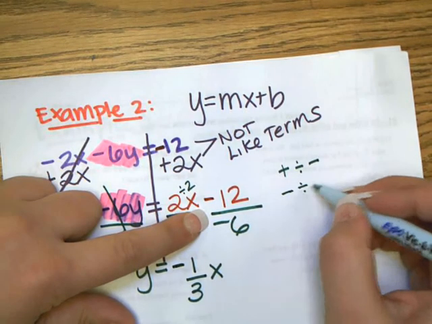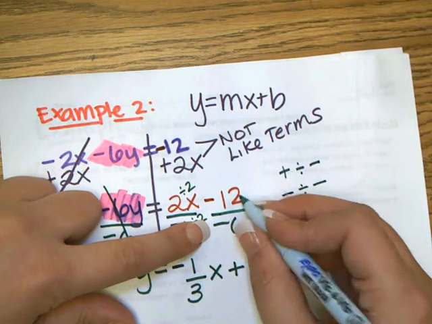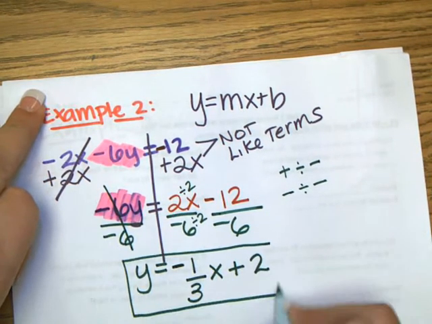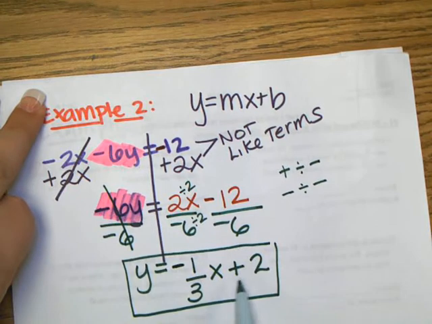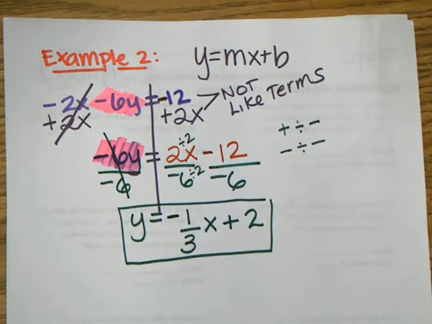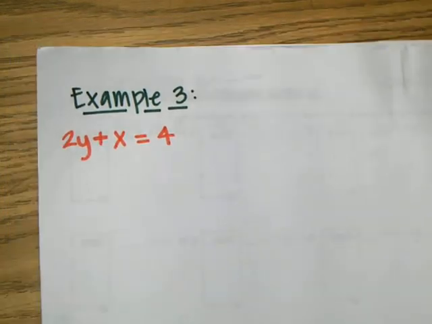And then a negative 12 divided by a negative is a positive, and 6 goes into 12 2 times. So now we have rewritten our equation into slope-intercept form. Okay, let's go ahead and take a look at another one.